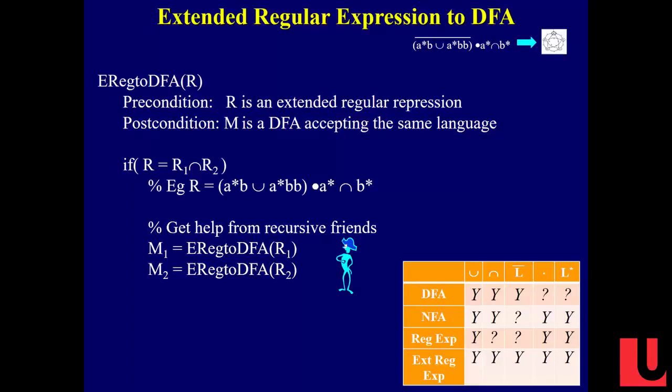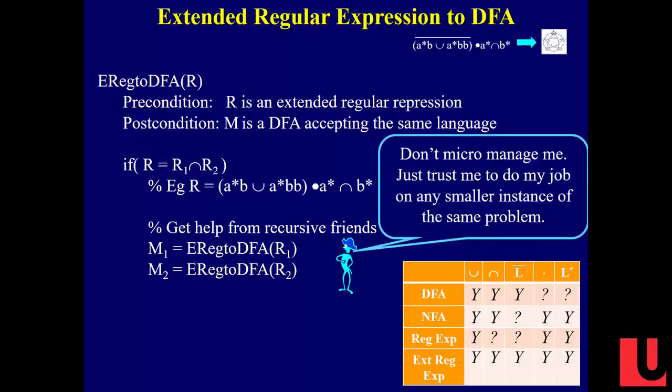Yeah, you run them in parallel, and you do the cross product thing. And this says that DFAs are closed under intersection, so we just use that fact. He says, don't micromanage me, don't tell me how to do my job, I'm just going to give you the answer.